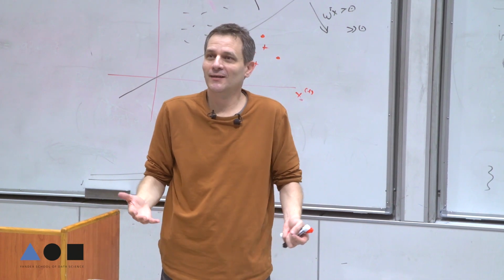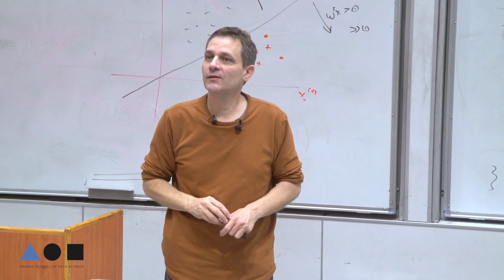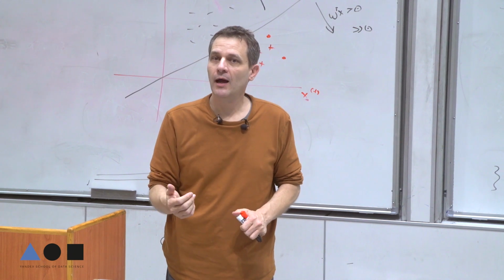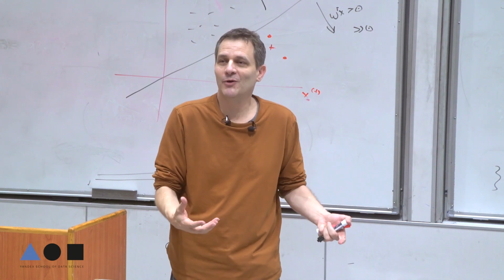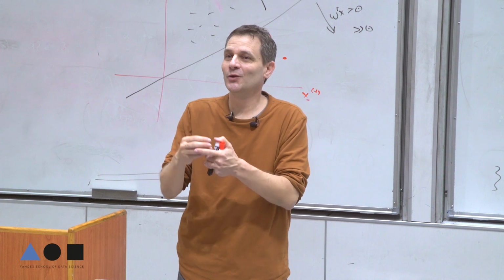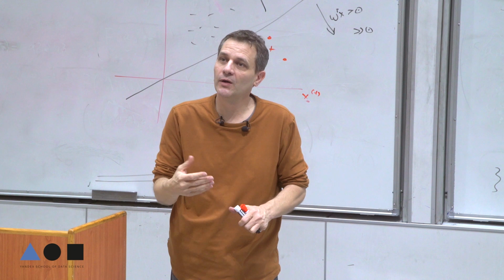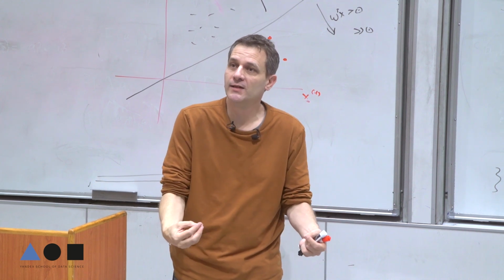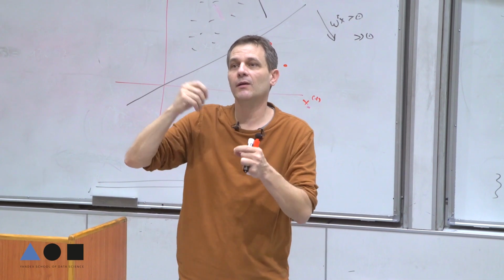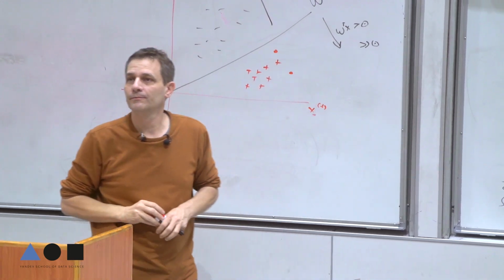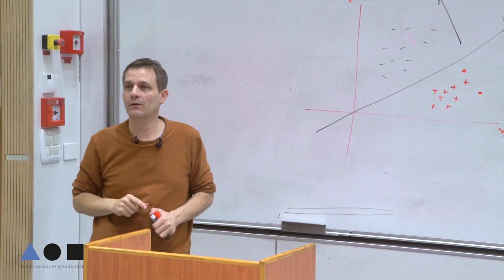Where do you find these nonlinear transformations? So the challenge remains: how can you learn these nonlinear transformations together with the perceptron at the top? And in a way, this is what deep learning does. It learns this nonlinear transformation together with the perceptron at the top. So that's a very important question.